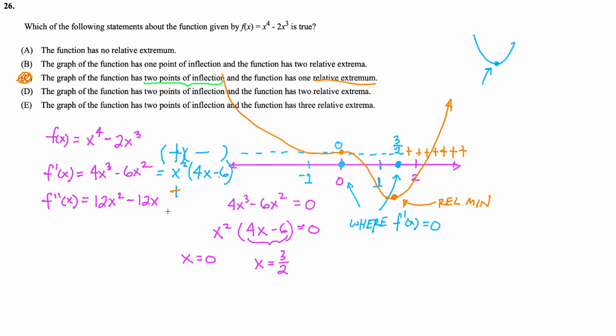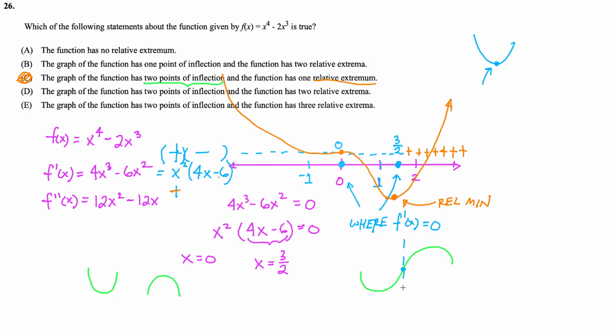So a point of inflection is going to be where the function goes from concave up. So concave up looks like that, and then concave down looks like that. Now the point of inflection is where it goes from one to the other. So like, look at this curve here. So over here, this curve, look, there's going to be a dividing line, right? There's going to be some point where here it's concave up, right?